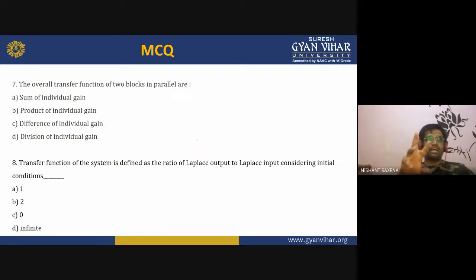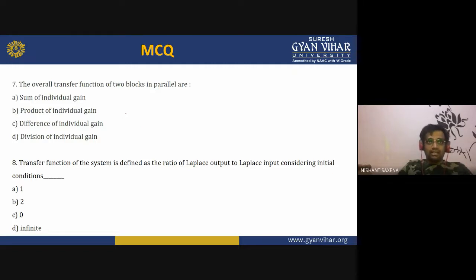I have told you, when we are having two blocks in parallel, we do the summation of the individual gains or the difference of the individual gains. It depends whether the gains have positive polarities or negative polarities.